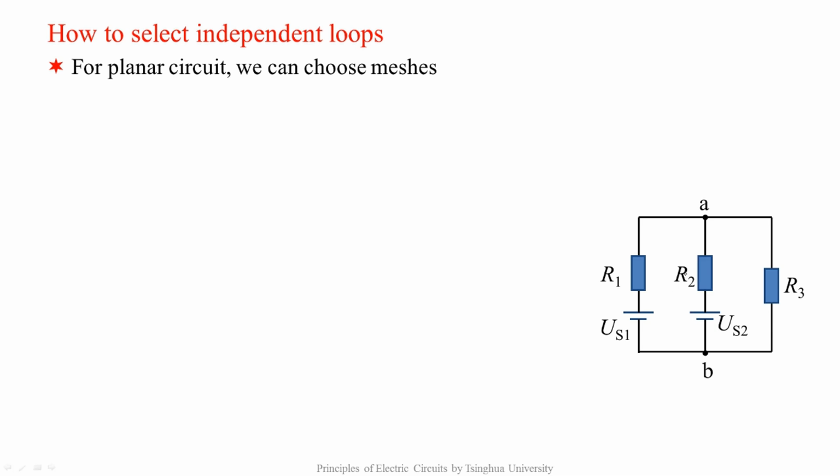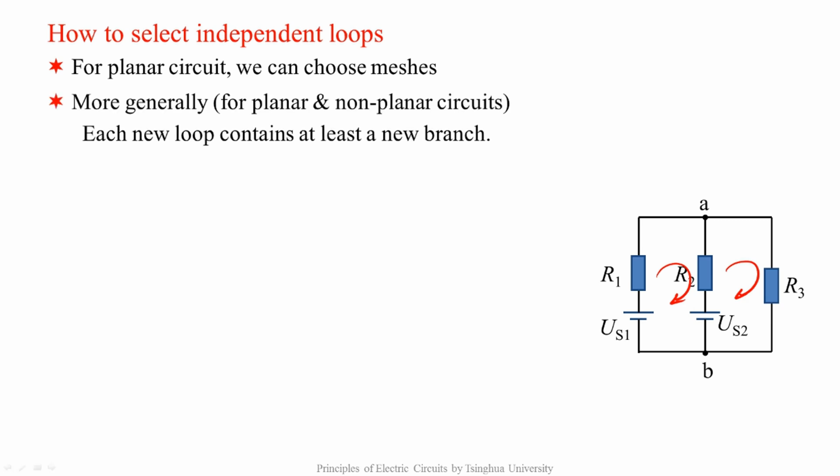The circuit just now is a planar circuit. We can choose such two meshes as a set of independent loops. If it is a non-planar circuit, just remember, each new loop should contain at least one new branch. Then we can select a set of independent loops. Of course, this rule also applies to planar circuits.